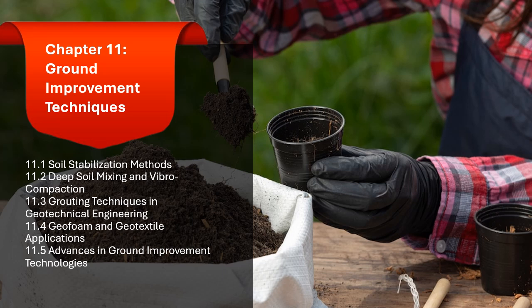The soil can be better compacted and more stable. Purpose. This method helps to improve the soil's overall strength and reduce the risk of settlement. Applications. Common in road construction and base layers for pavements.